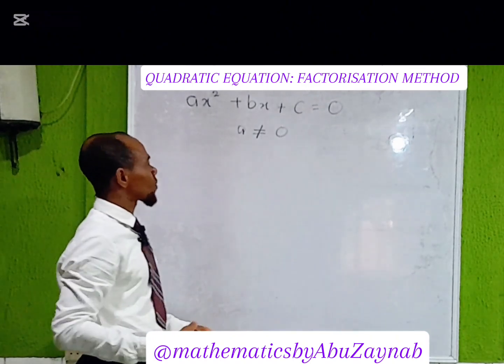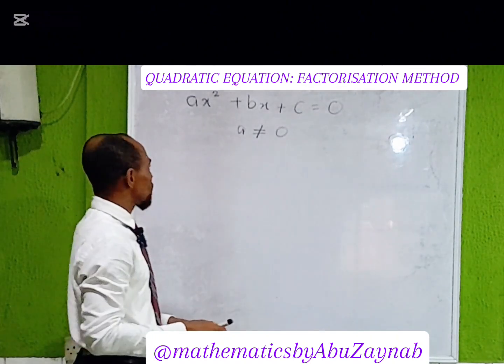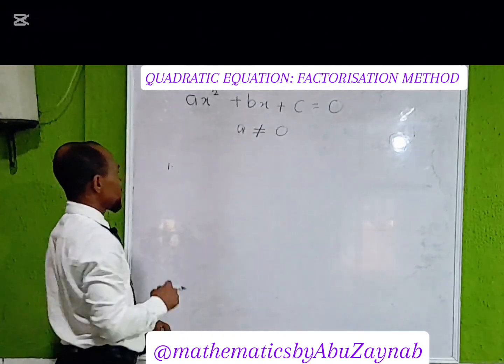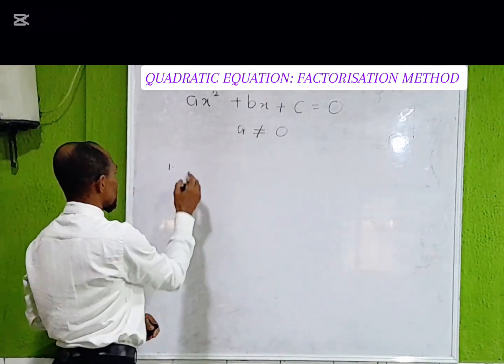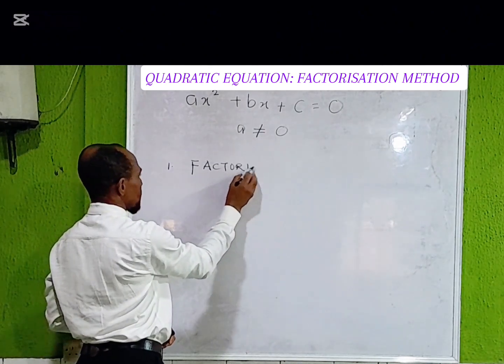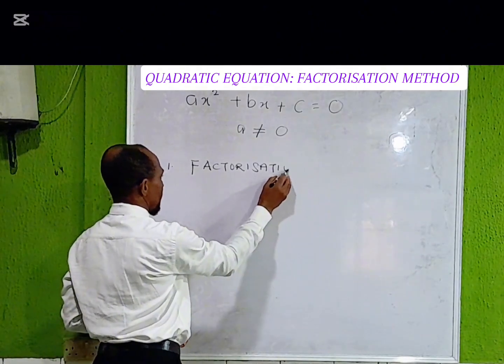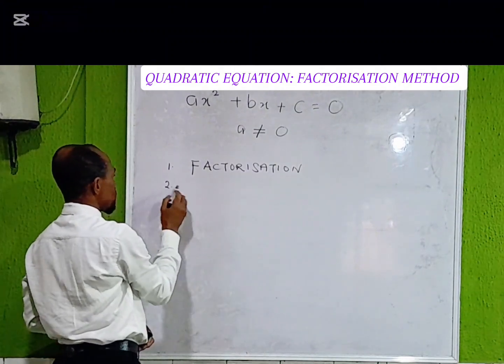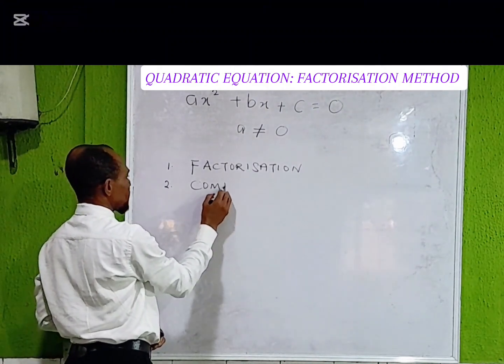What then are the methods of solving quadratic equation? As I said in the intro, we have 4 methods. We'll be looking at the first of them, the factorization method. Then we'll be looking at the completing the square method.